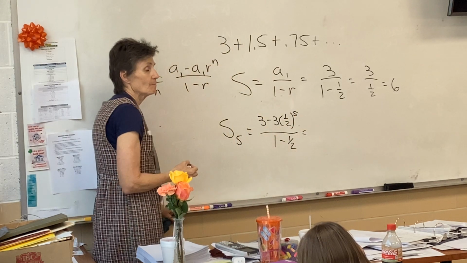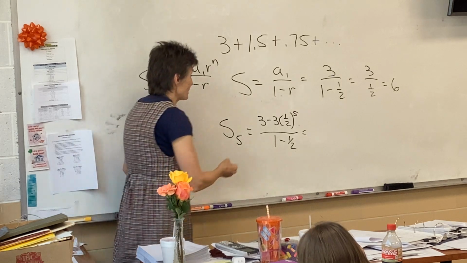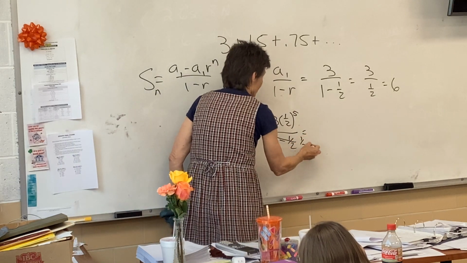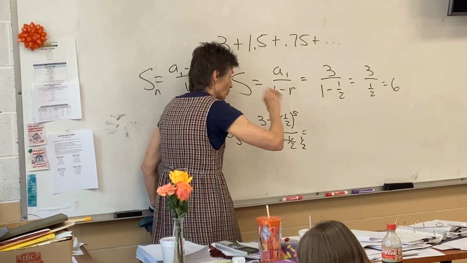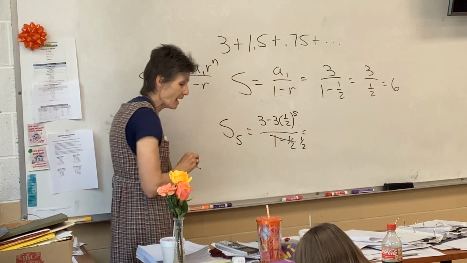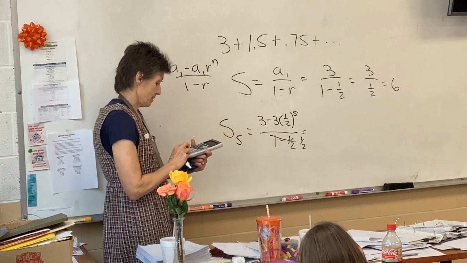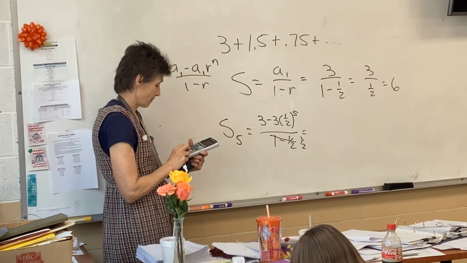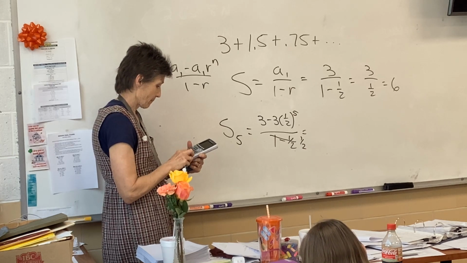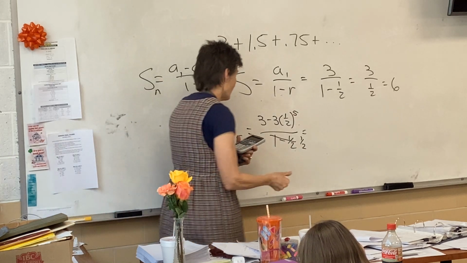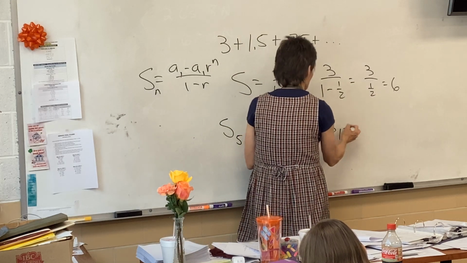Do this part first. Type that in, then divide by a half, and you should get your answer. What is it for? 5.8125.